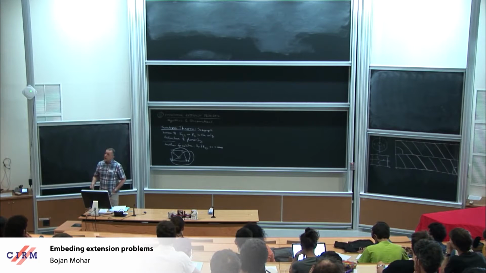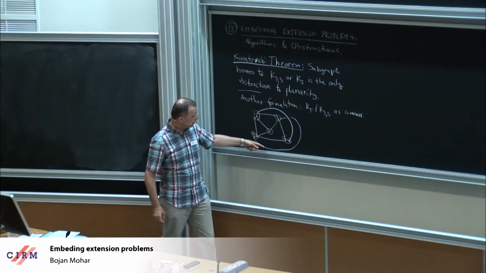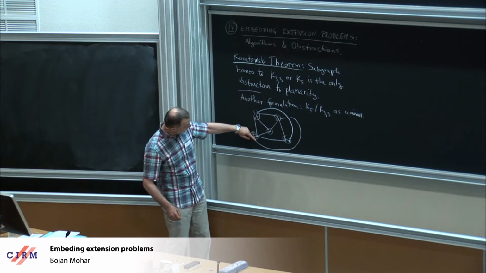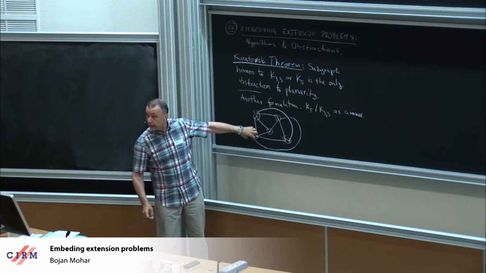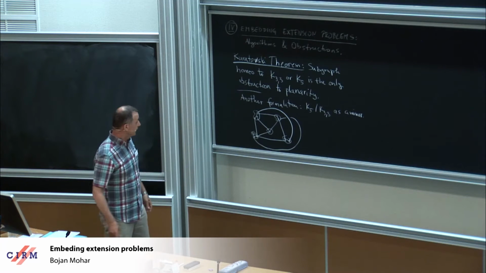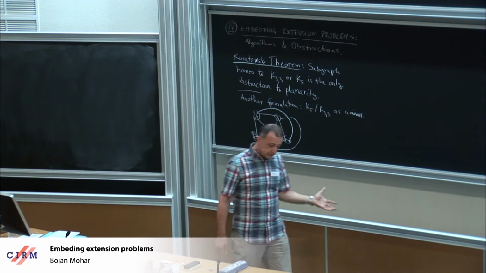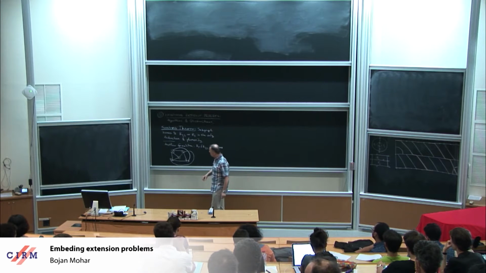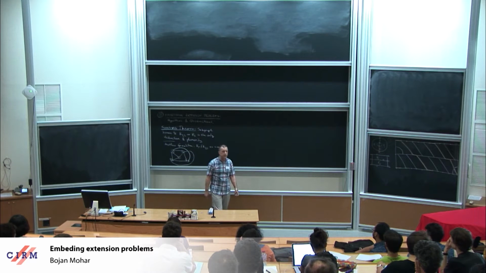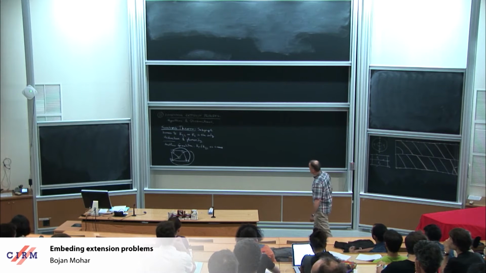A subgraph of this kind, maybe you don't need to subdivide edges, because if there are more vertices here, you can add them into this connected subgraph, and then you just get single edges. And such a minor also verifies that the graph is not planar, because if this were embeddable in the plane, you could shrink the edges in these connected graphs and would still get an embedding of K5 or K33.